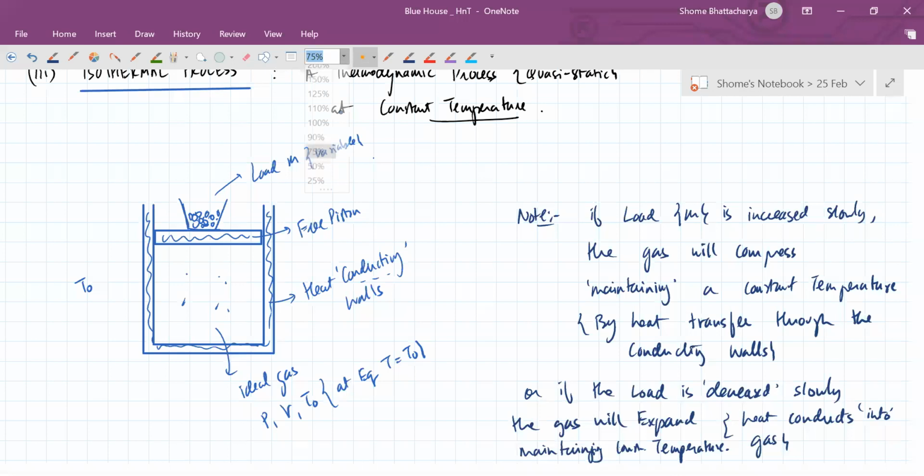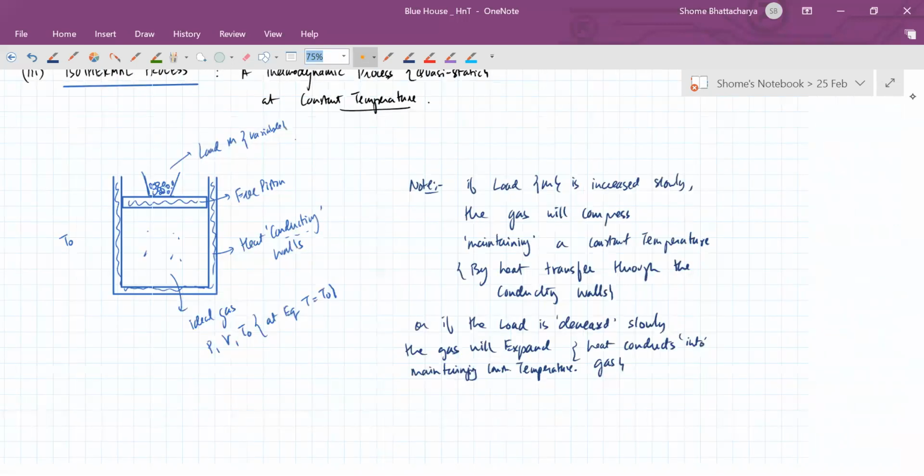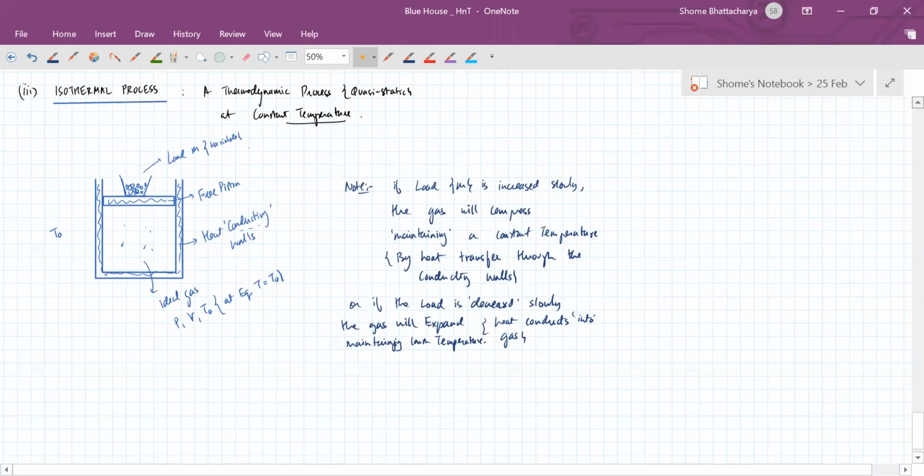So that is the experimental setup for isothermal process.